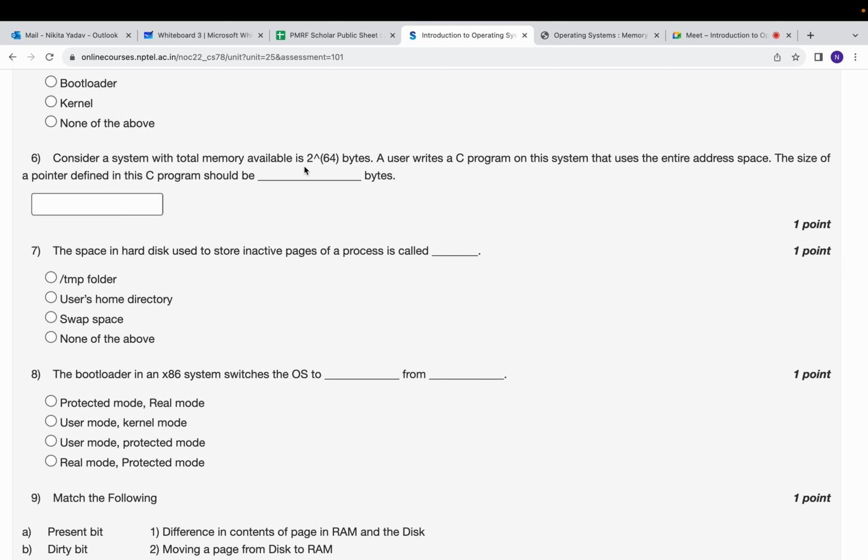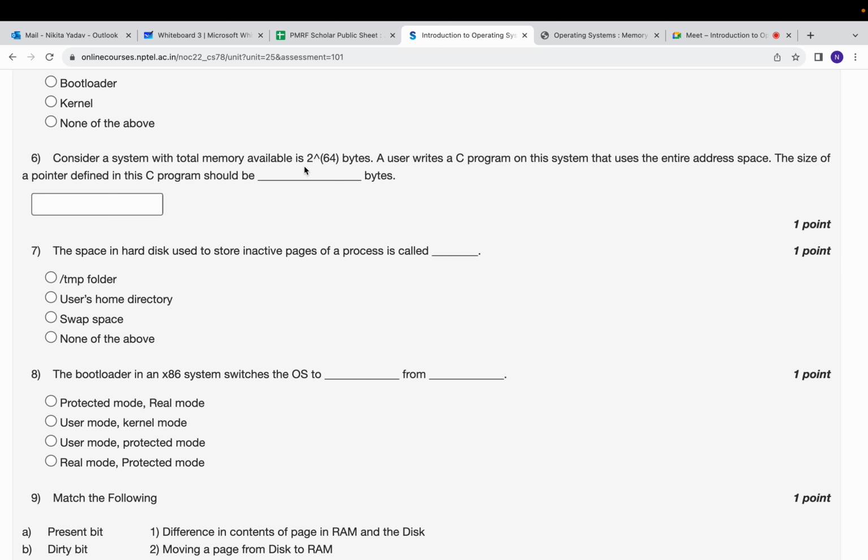It's not your laptop. You don't have to answer according to the current technology. The question says your process memory map is of size 2 to power 64 bytes. That means there are 2 to power 64 addresses. Now one single address will have 64 bits because there are 2 to power 64 addresses. So one address or one pointer is of size 64 bits, and 64 bits is 8 bytes.